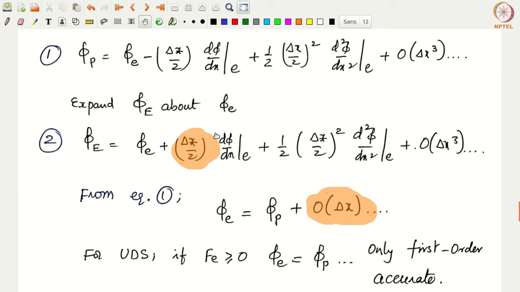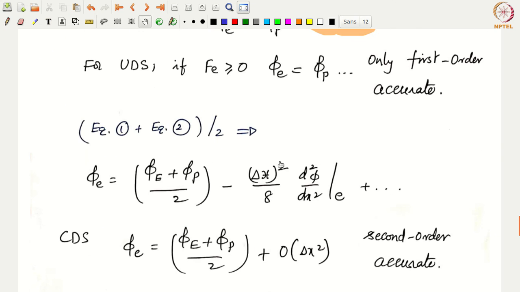The first derivative term gets cancelled because we are adding, and this term becomes delta x square by 8 here and 8 here, so this will be delta x square by 4, but then we are dividing by 2, so this will be delta x square by 8. When we send to the right hand side, we get a minus delta x square by 8 d square phi by dx square, and the next term here would be order delta x to the power 4.